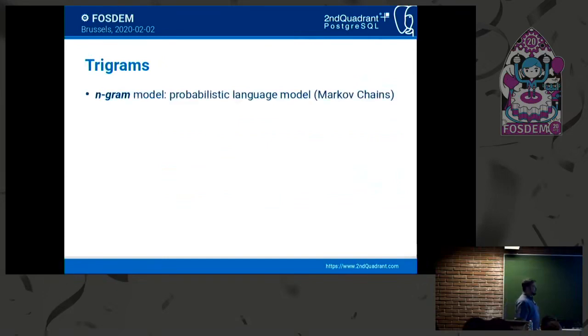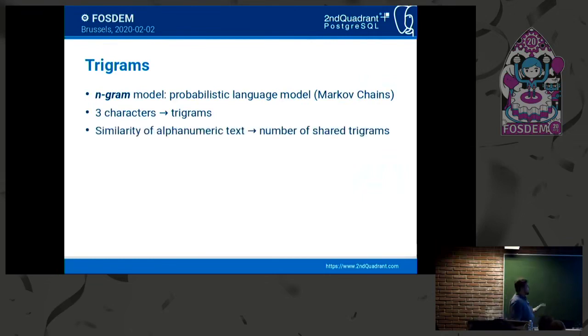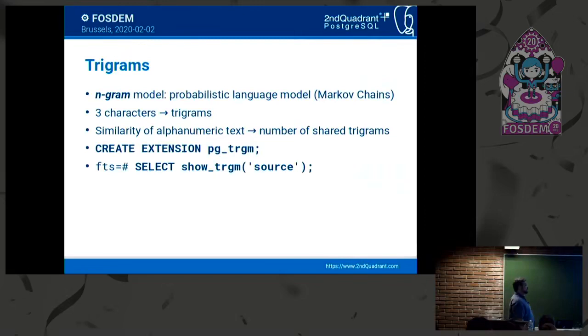How do trigrams help us? We mentioned that it's a probabilistic language model based on Markov chains, and 3 characters makes an n-gram a trigram. What it can show you is the similarity of alphanumeric text by counting, for instance, the number of shared trigrams between the 2 strings. You use it by creating extension pg_trgm.